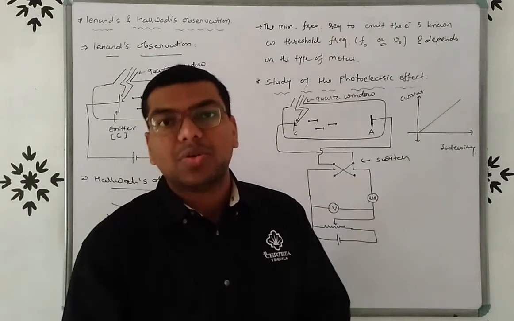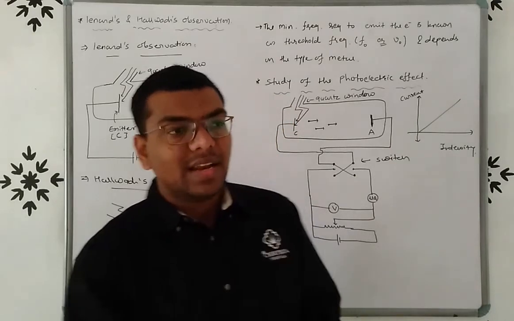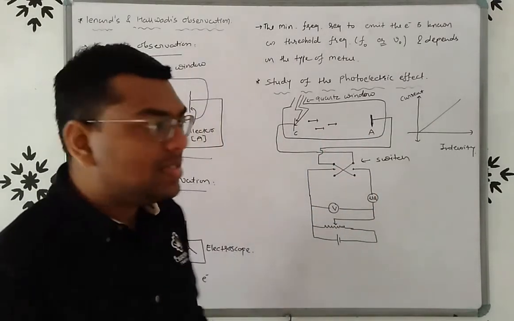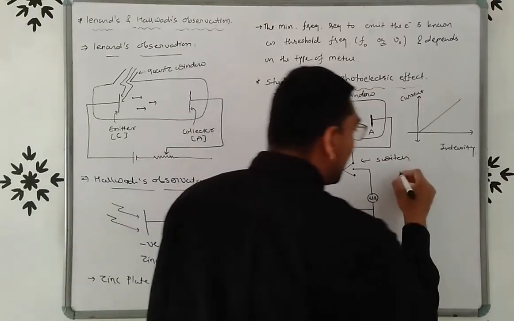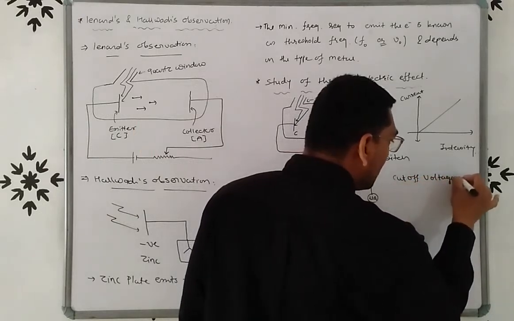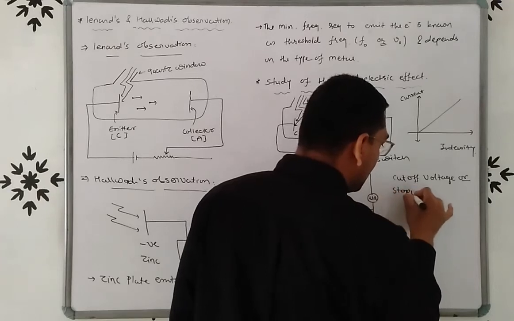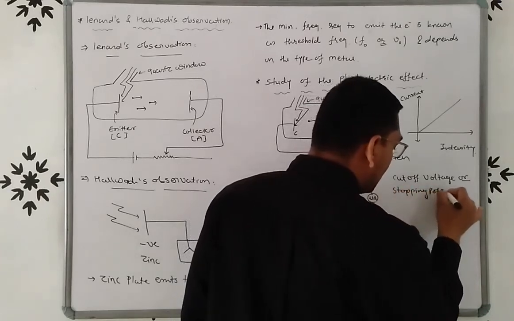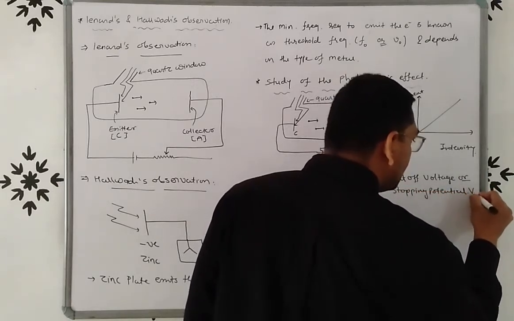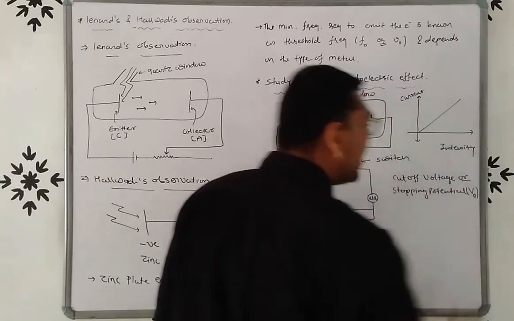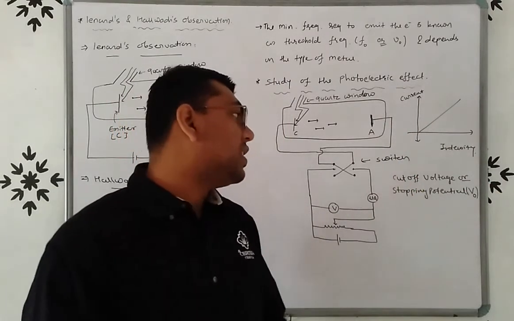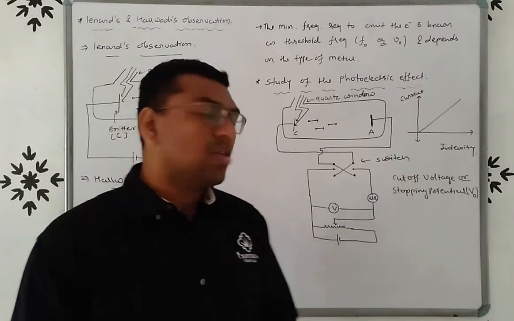So that potential we call cut off voltage, or you can say stopping potential, right? So when the flow of photoelectric current becomes zero, that potential is known as the cut-off voltage or stopping potential, denoted V0, right?